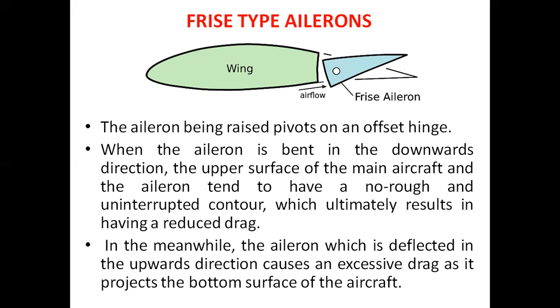But meanwhile, the aileron which is deflected up causes excessive drag as it projects into the airflow below the surface of the aircraft. Now here, what is happening? The aileron which is going upward gets projected toward the airflow, and that projection is only on the upward going aileron.